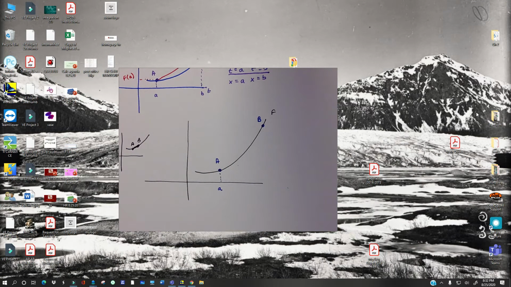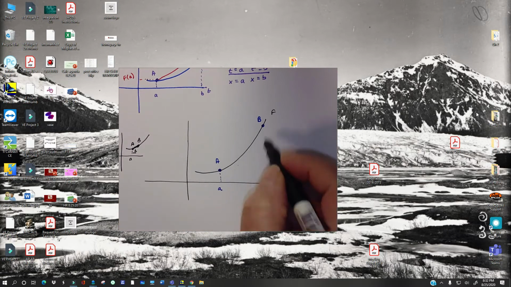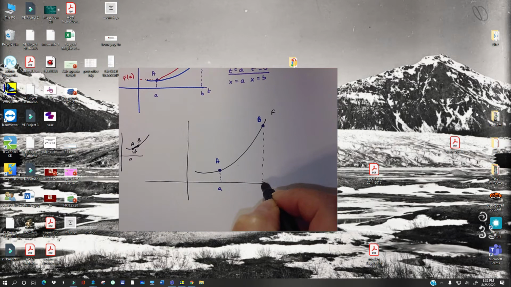So what we're going to do from this point A is we're going to move over some tiny little horizontal distance, which we're calling H. So I'm going to do that over here, because what I want is that x coordinate. So if I move over some teeny tiny little distance H, I have A plus the H I moved over, so that makes this A plus H, right?